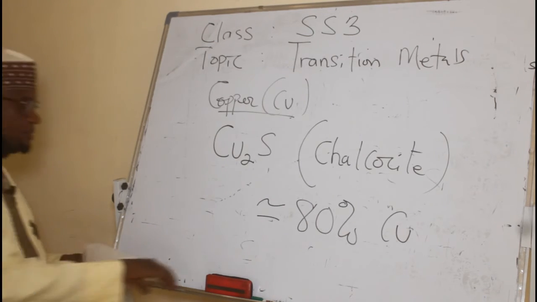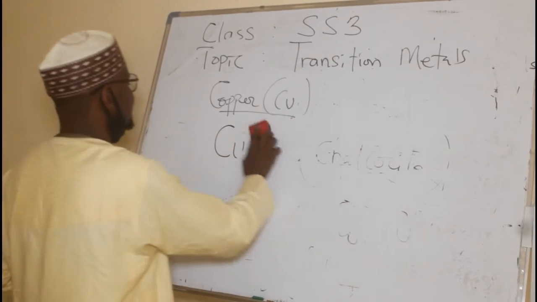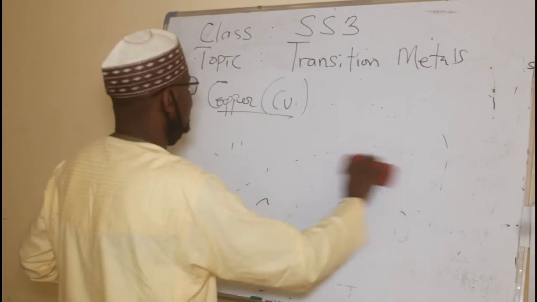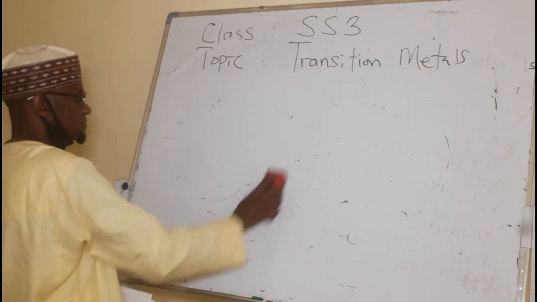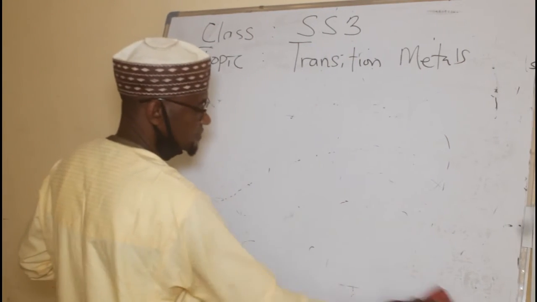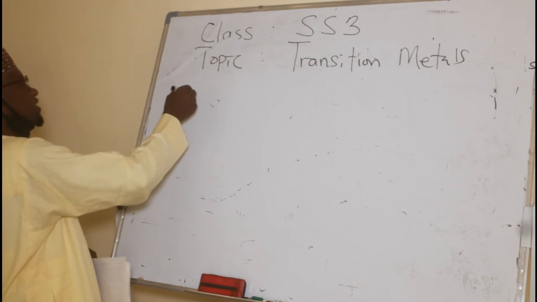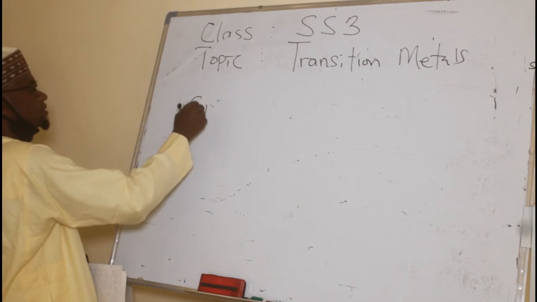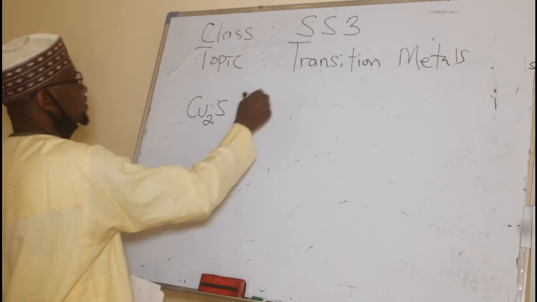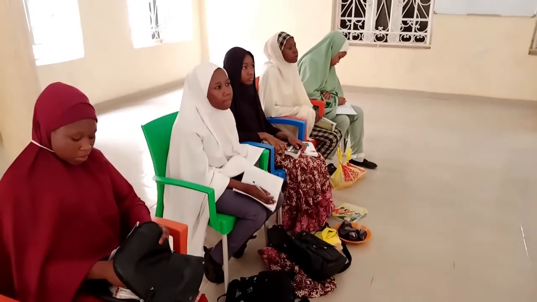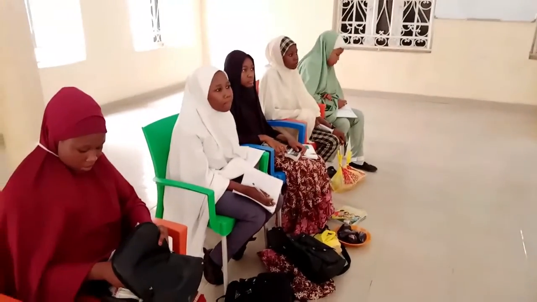Let me itemize it. It will be much easier for you to understand. If you say you have your ore like this, you take the ore, that is the copper. If you are dealing with this ore, treat it with a lot of reagents, with proper, serious agitation.